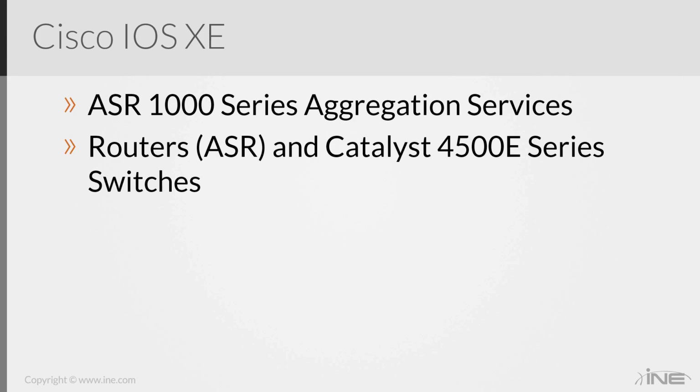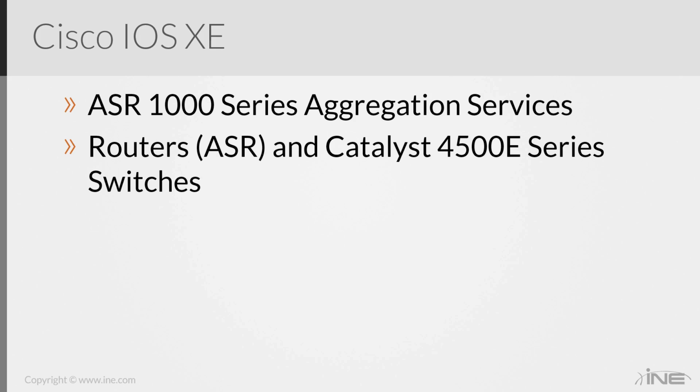Now, the thing that's interesting about XE is that when you're dealing with it, it's a kind of unique blend of capabilities. For instance, you have the ASR 1000 series. I don't know if you knew this or not. If you didn't, you're about to find out. The virtualized, cloud-based version of the ASR 1000 series router is the CSR 1000V.